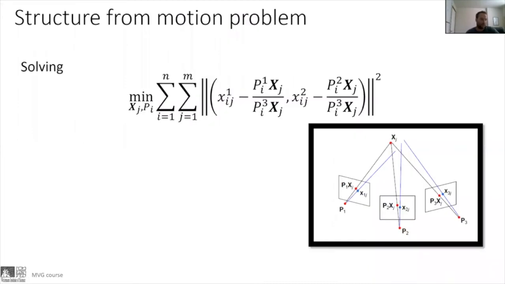So actually, we will need to run the structure from motion pipeline, which includes bundle adjustment. We will usually need to do it at real-time speed, which means that we will want to be able to solve the bundle adjustment very fast. So this is another challenge in the bundle adjustment objective.